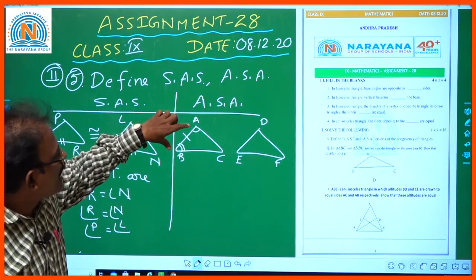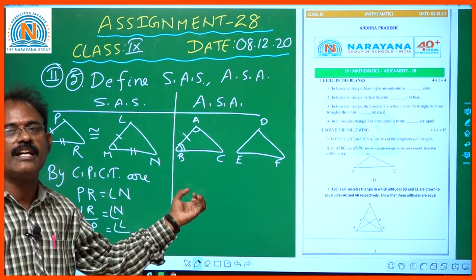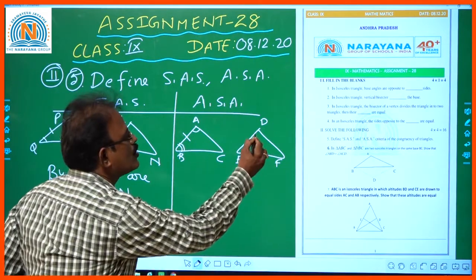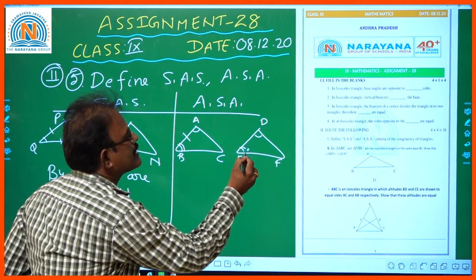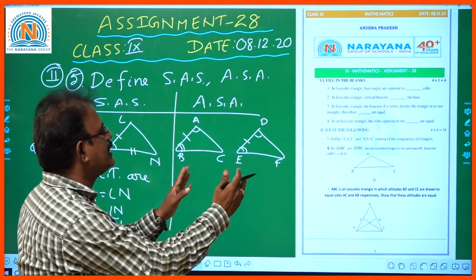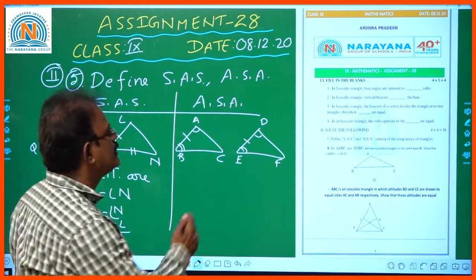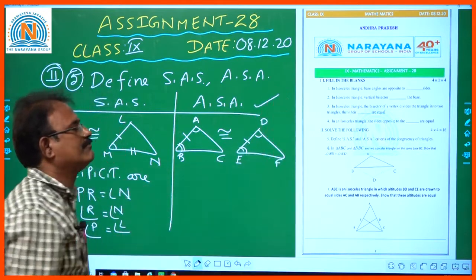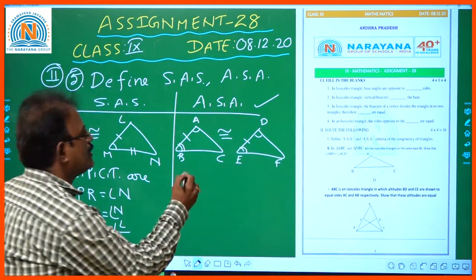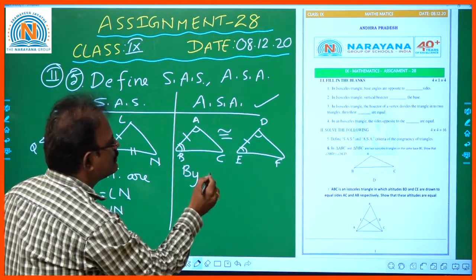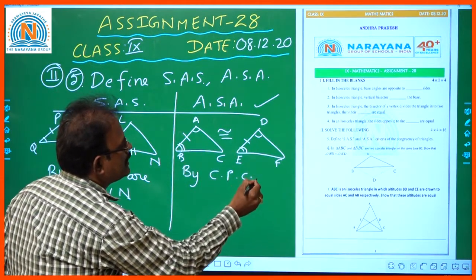So two angles and the included side of the first triangle are respectively equal to two angles and the included side in the second triangle, then we can say that both triangles are congruent because of the ASA axiom.